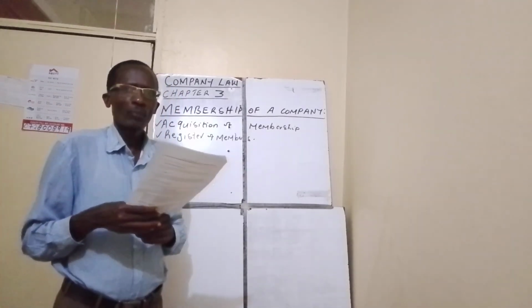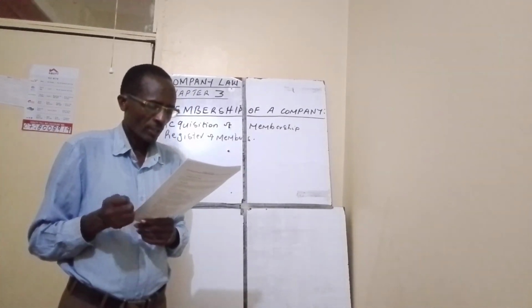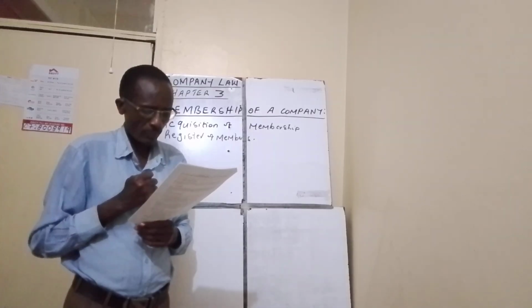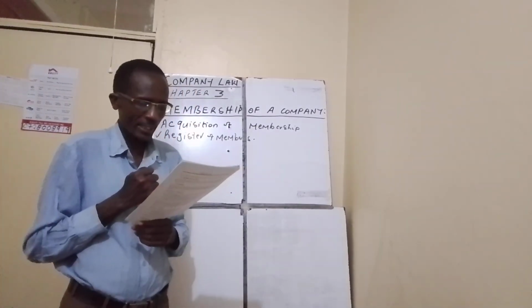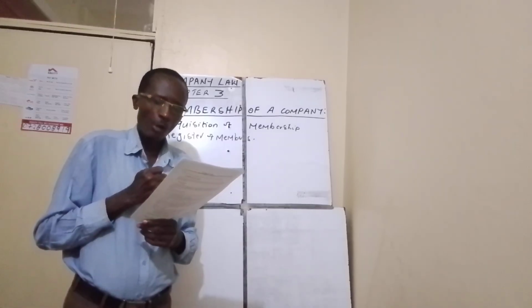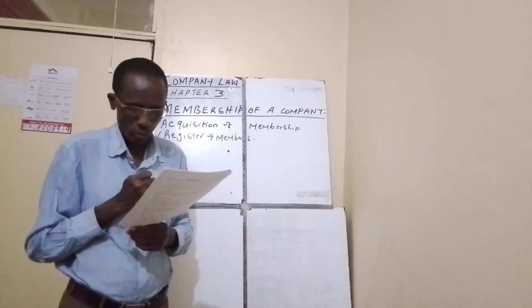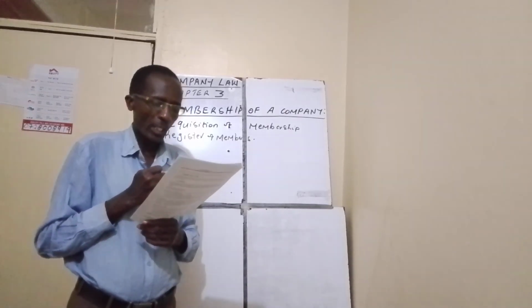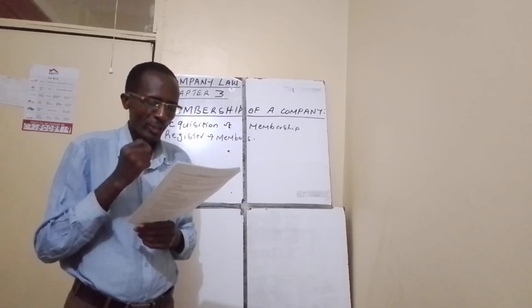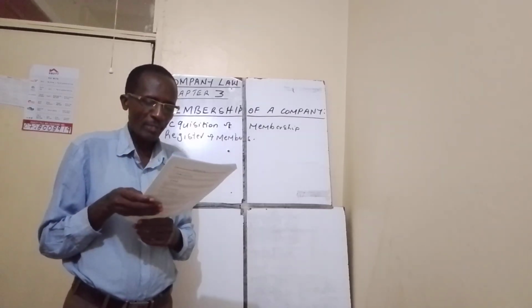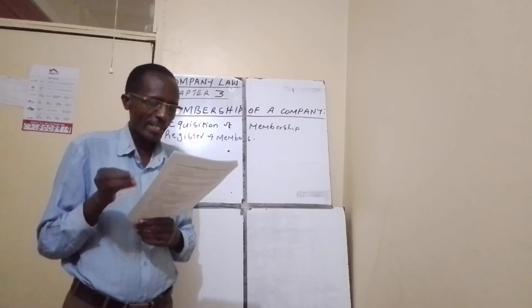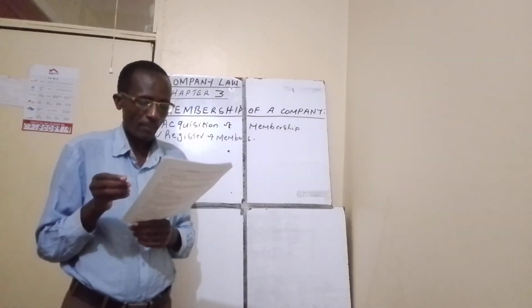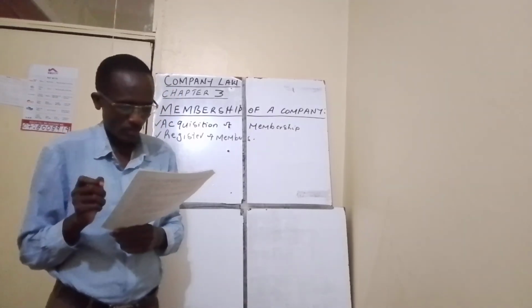Next, inspection of register. Under Section 115, the register and the index kept at the registered office are open for inspection by members without charge for at least 2 hours every business day, subject to reasonable restrictions as the general meeting may prescribe.